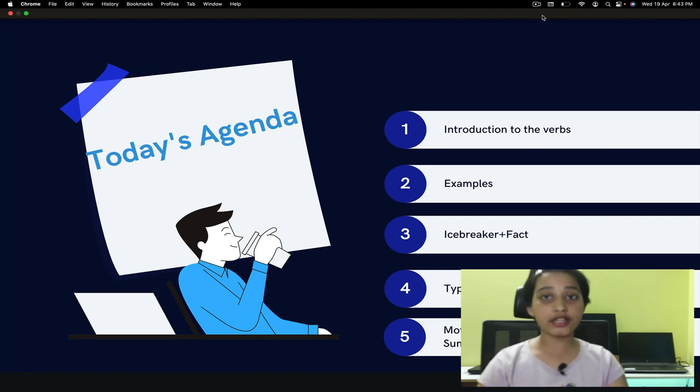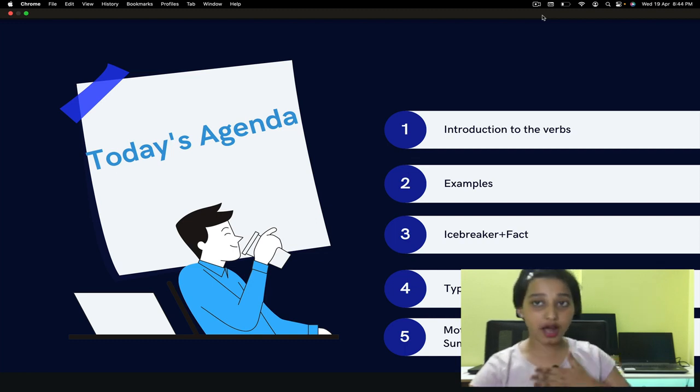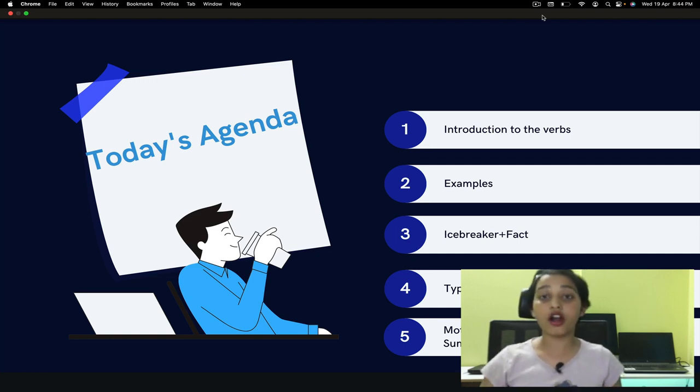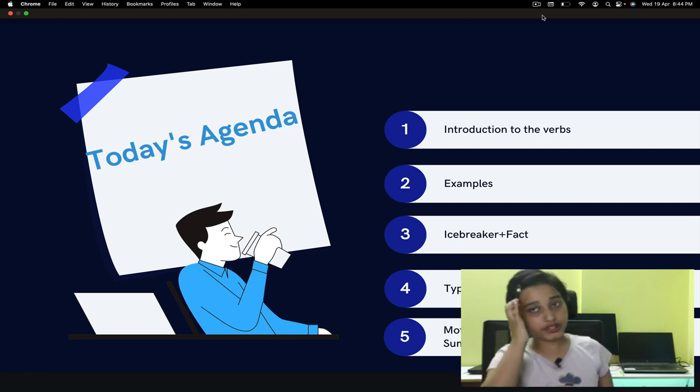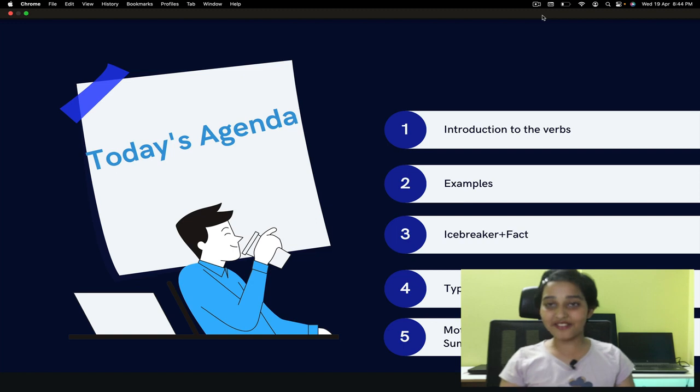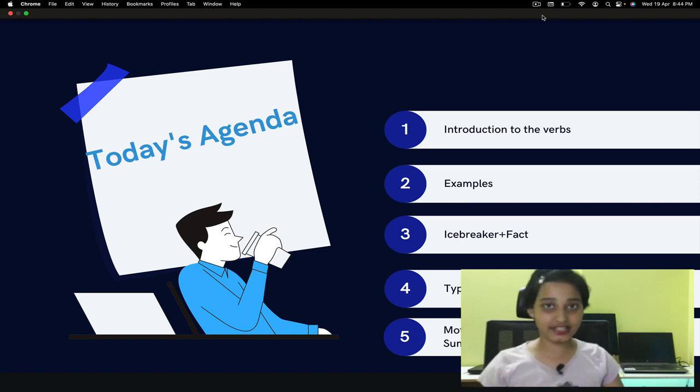We will then learn the types of verbs, and then we have a motivational quote to inspire ourselves and get ready for all the hard work and effort we will have to put in learning English. Then we'll do exercises so that we can know how much understanding we have gained, and then we'll do the summary. You're going to have a lot of fun, so watch till the end.